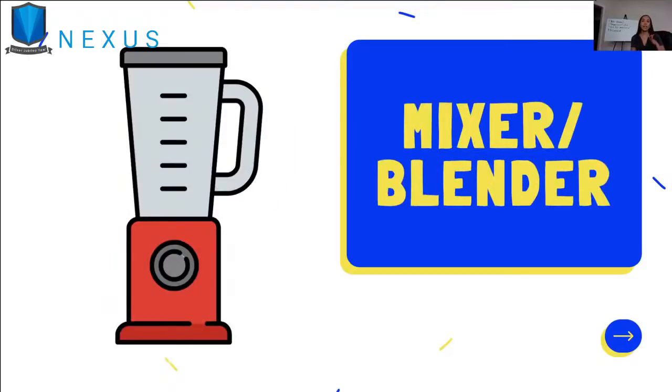Then we have a mixer or a blender. Same thing as I said before, you can use one word or the other. They are both fine, although we also use mixer to talk about a different item, but that's fine. The most important thing here, as I said in our previous section, is that you need to be familiar with the vocabulary.